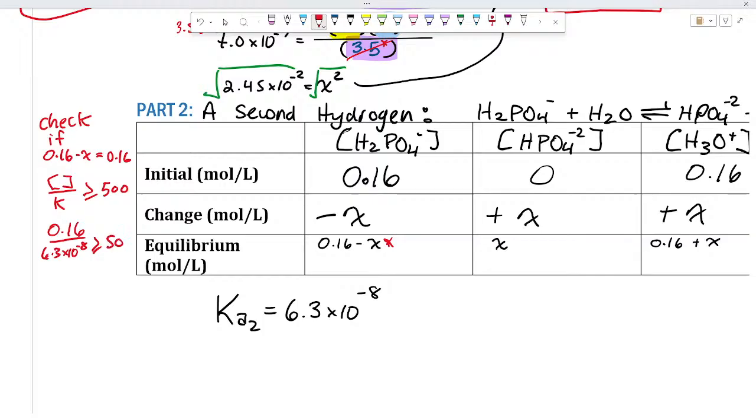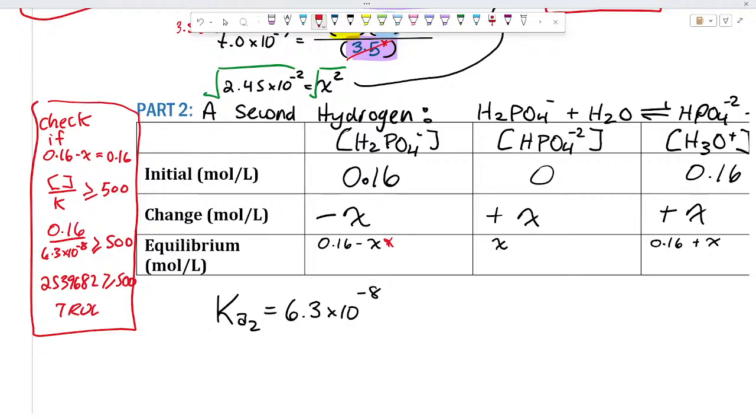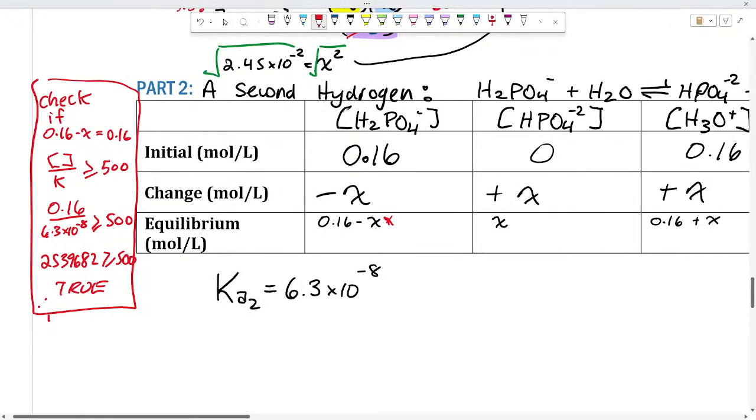When we divide 0.16 by it, do we get a number bigger than 500? I think we're going to get a number much bigger than 500. It's 2,500. Oh, wow. Is that bigger than 500? True. Which means, therefore, we can actually get away with both these.